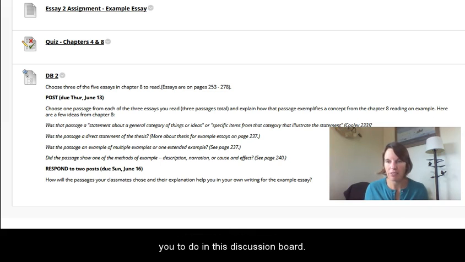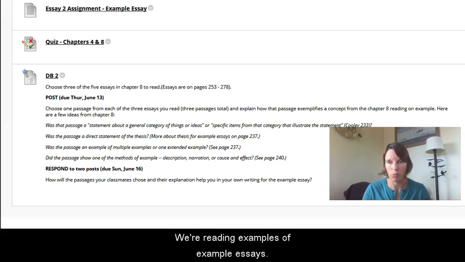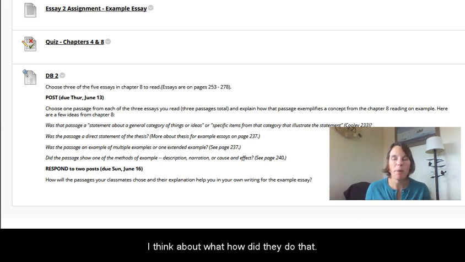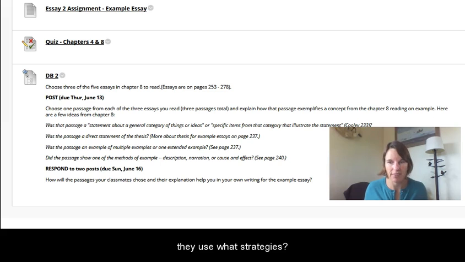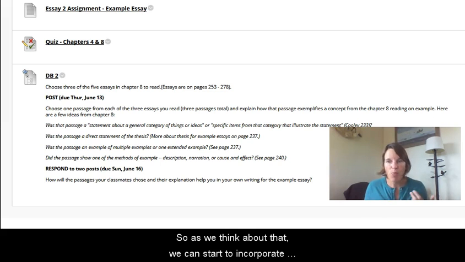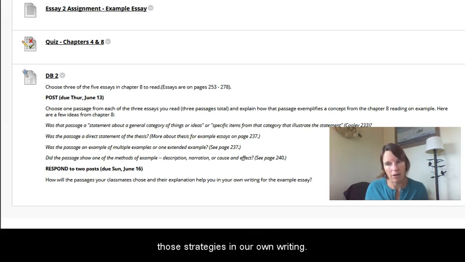That's what I'm asking you to do in this discussion board as we read example essays and think about, boy, how did they do that? How did they transition? How did they write a thesis statement? What kinds of examples did they use? What strategies did they use? As we think about that, we can start to incorporate those strategies in our own writing.